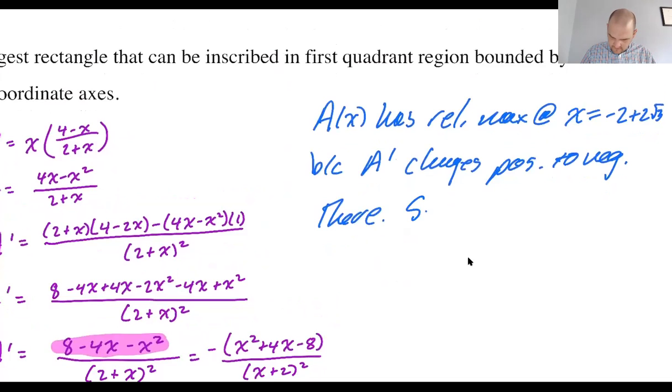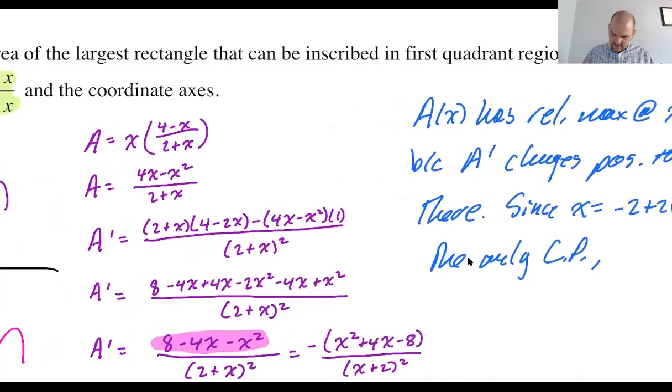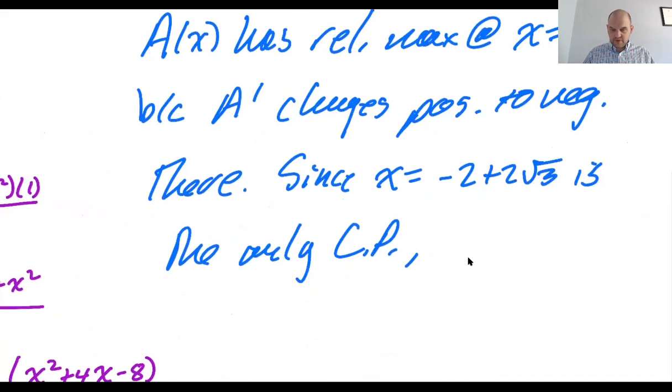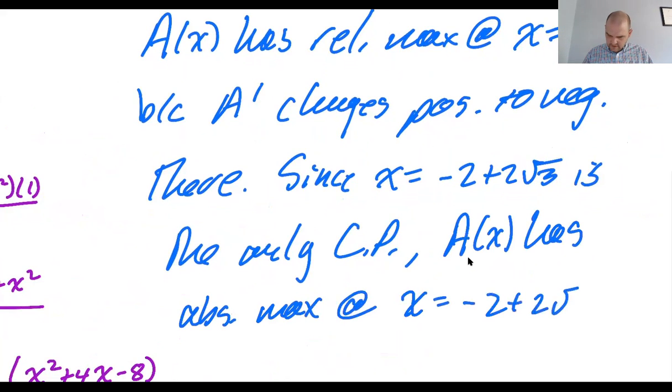Since x equals -2 plus 2 root 3 is the only critical point, let me blow this way up, A of x has an absolute max at x equals -2 plus 2 root 3.